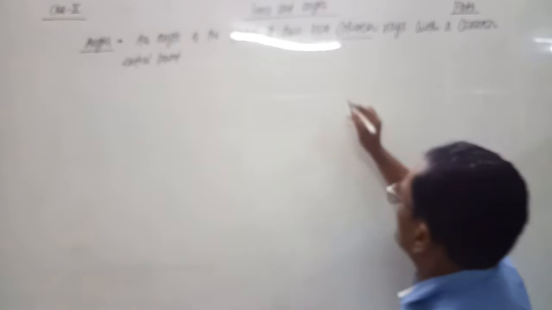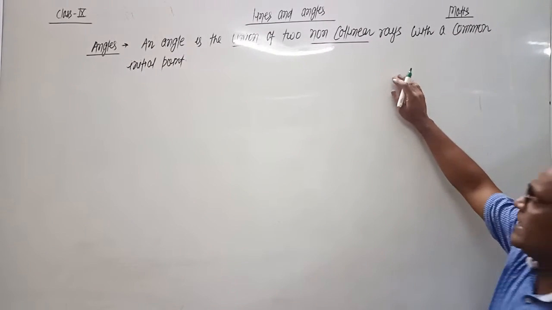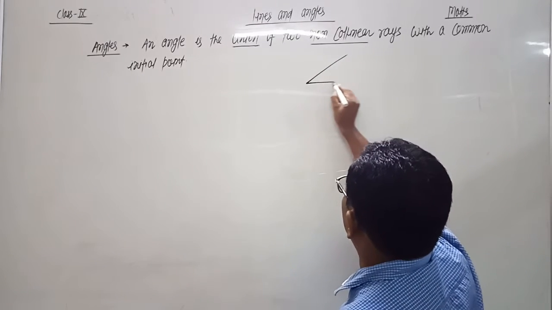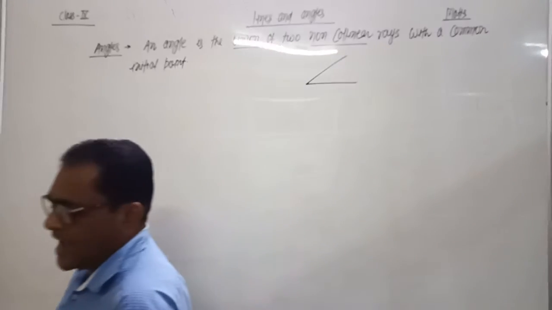If the rays do not lie on the same line, then they are called non-collinear, and if they lie on the same line, then they are called collinear. And union means the combination. So there must be two rays and they must be non-collinear, which means they do not lie on the same line.